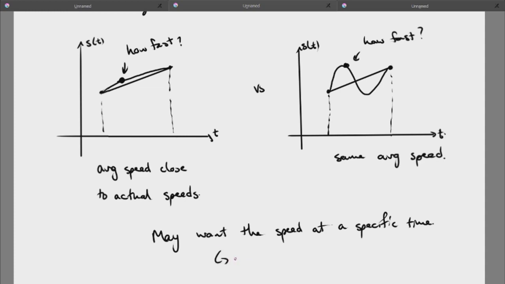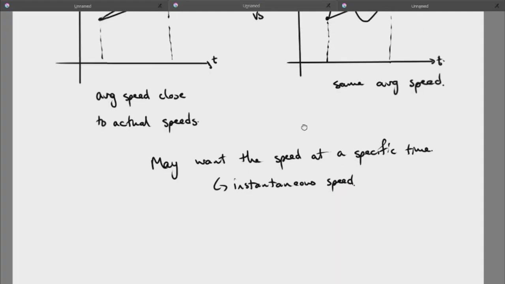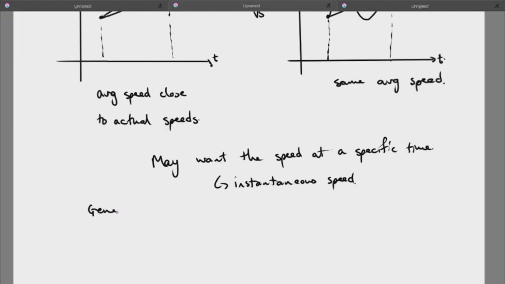We'll call that the instantaneous speed. And in general, we'll call it the instantaneous rate of change. If it's not a matter of speed and just having a function that changes, I'll call it the rate of change. And if I'm interested in just what is happening at the specific point, then we'll call it instantaneous instead of average. Okay, so just a point.